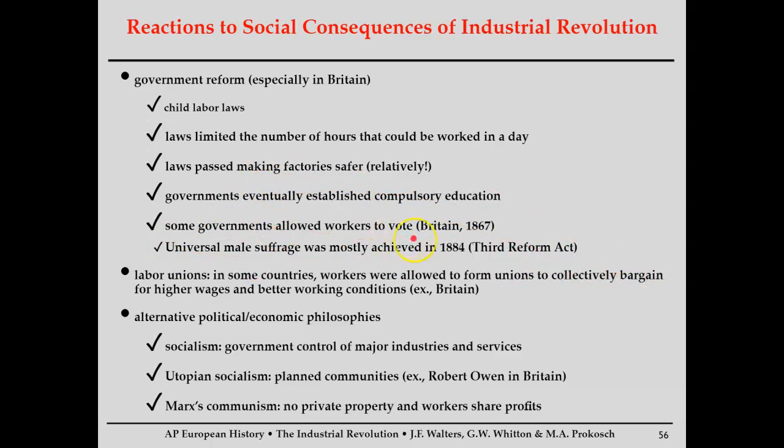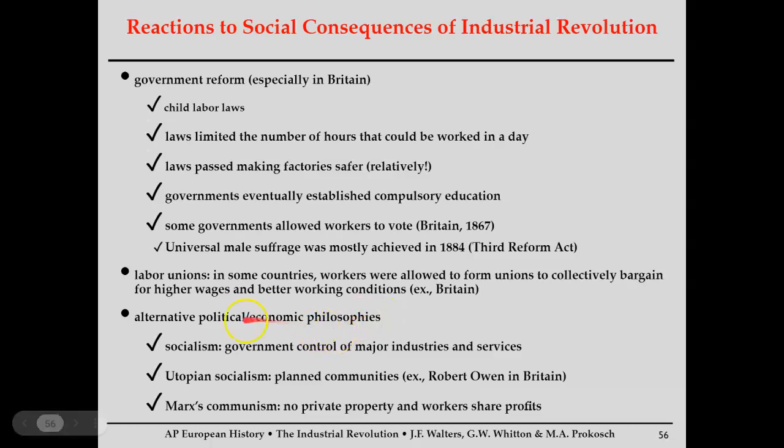But that basically will help British people elect people who are more kind to the working class. Growth of labor unions is hugely important. Eventually, the labor unions will be connected to political parties like the Labour Party. And again, they can always try and fight for the workers' salaries, wages, and of course, better working conditions.